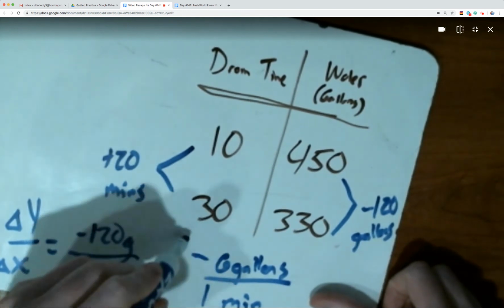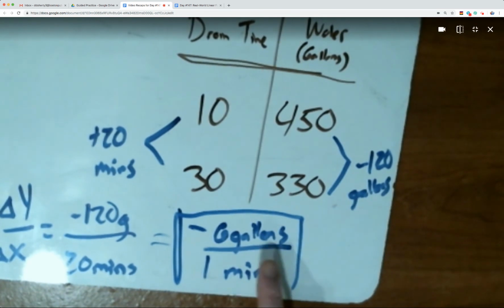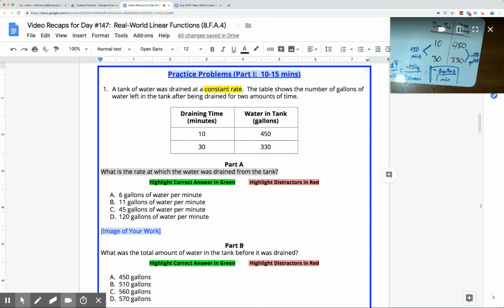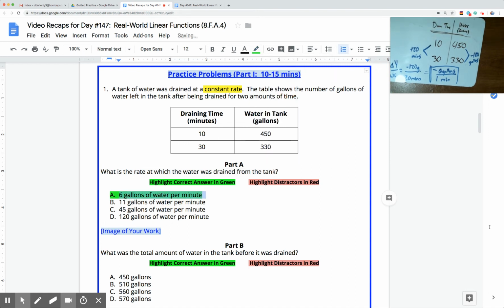So when we simplify this ratio, our slope, or our unit rate of change for this real-world table, is lose 6 gallons every 1 minute. That's how I know that answer choice A is the correct answer for Part A. That's the rate that the water is drained at, 6 gallons per minute.